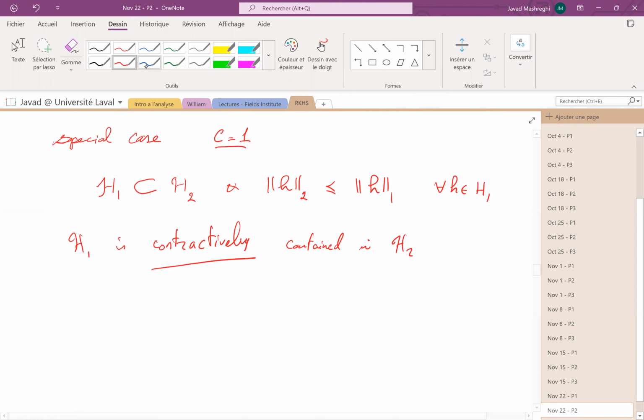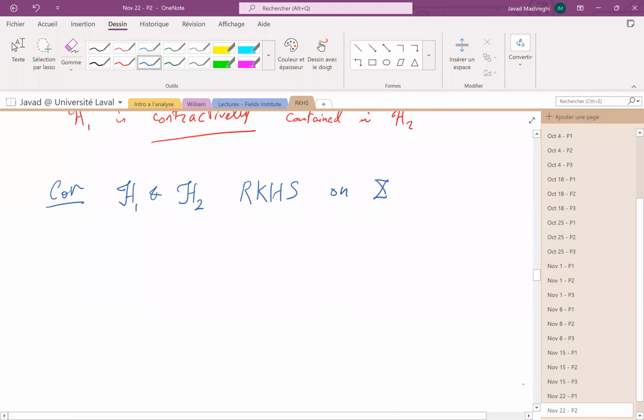So, corollary: as before, H1 and H2 are RKHS on a space X, with kernels respectively K1 and K2.